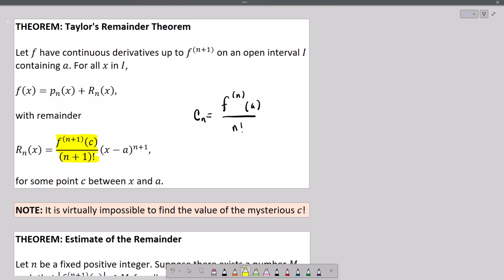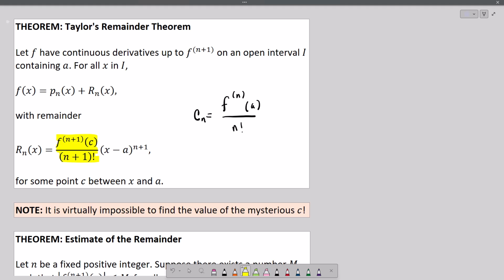Remember that the alternating series remainder says go to the first unused term, and that gives you an error approximation of everything in front of it. This is sort of saying the same thing. This is saying go to the next term, one term further, but instead of evaluating this derivative at A, evaluate it at C. And this will give you exactly the remainder.